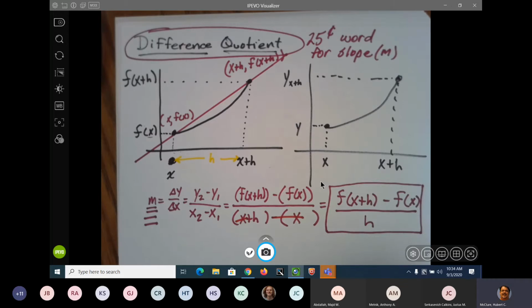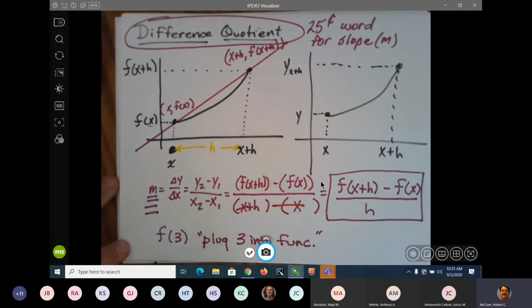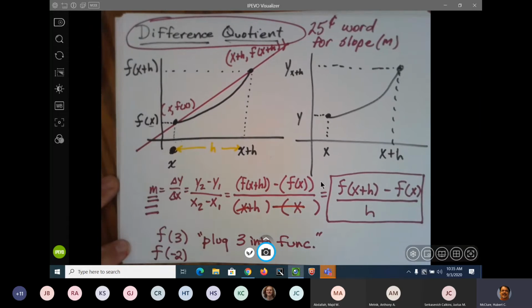Now, let's go over some things that we learned in functions last class. What does this mean? When I give you f of 3, what does that mean? That means you're going to plug 3 into the what? Into the function, right? What if I give you f of -2?